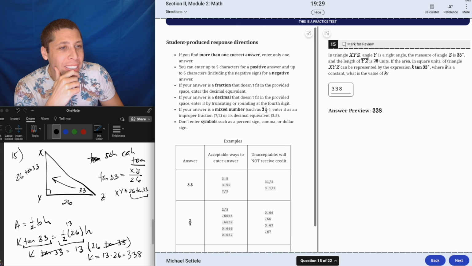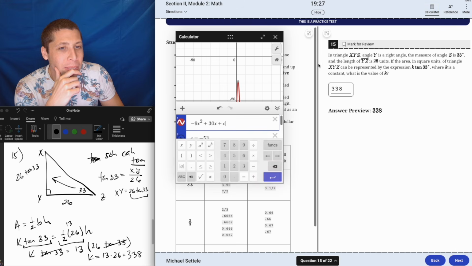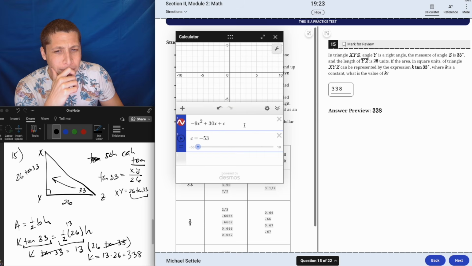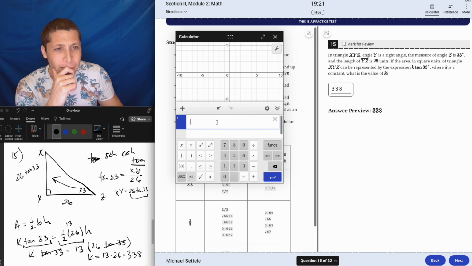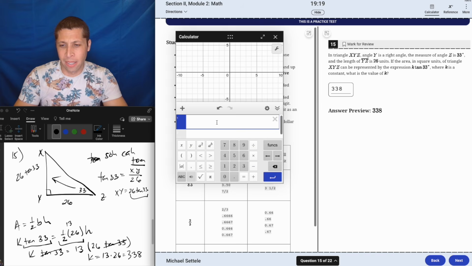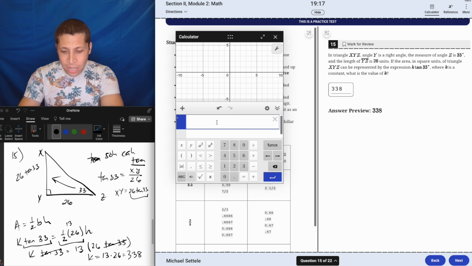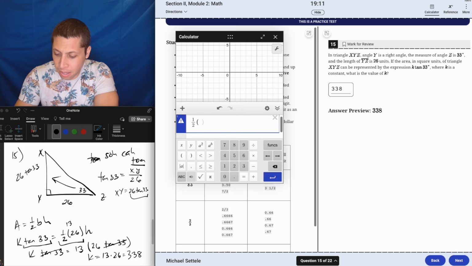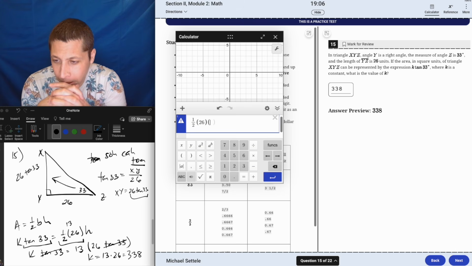Okay, so the area in square units. So let's just degrees. So the area is 1/2 base times height. So we did SOHCAHTOA, right? So the height, xy, is 26 tan 33.